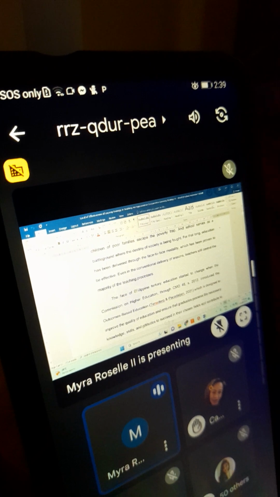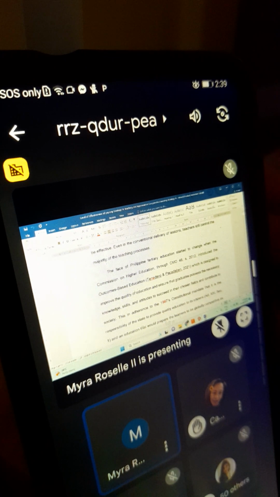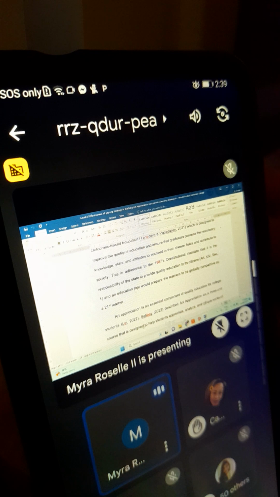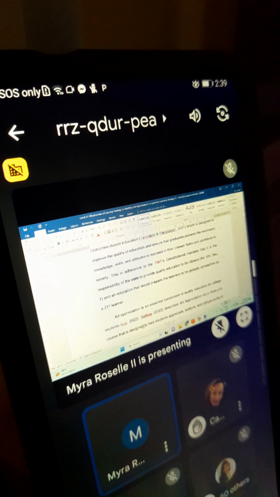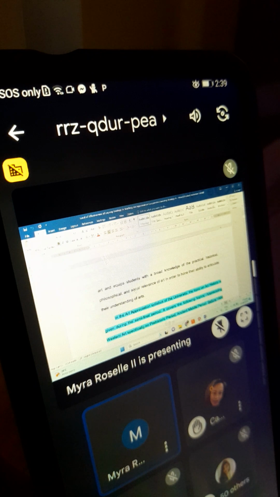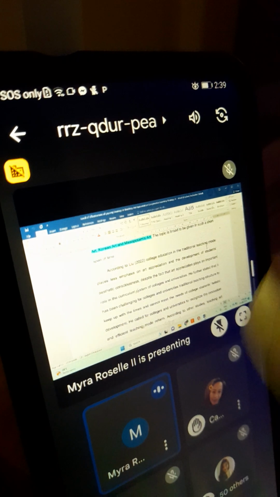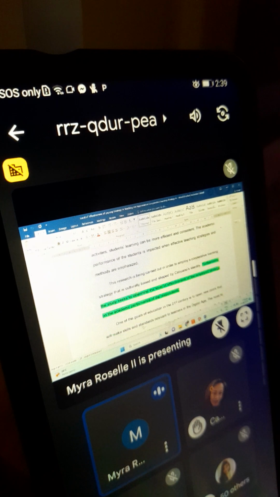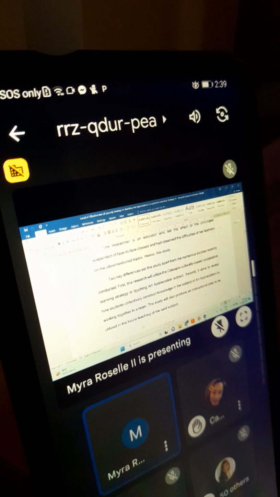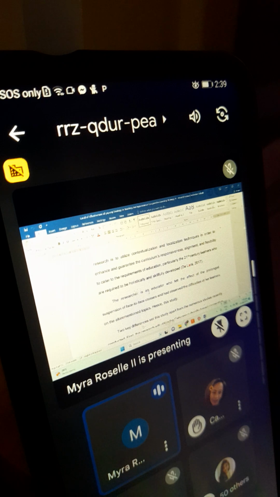You can put that in your rationale, and you can support that. You have citation, and the last part: The researcher is an educator who felt the effect of the prolonged suspension of face-to-face classes and had observed the difficulties of her learners on the aforementioned topic, hence this study. Okay? That is also possible.